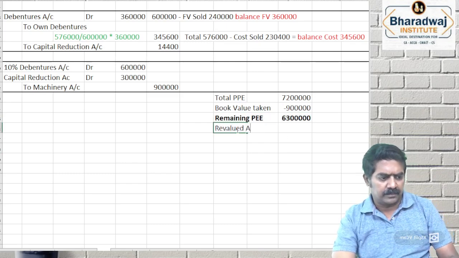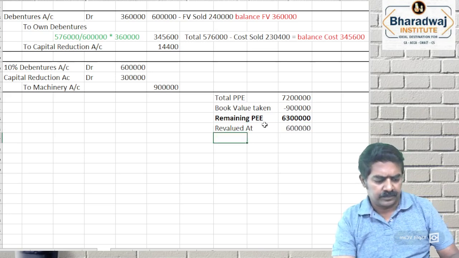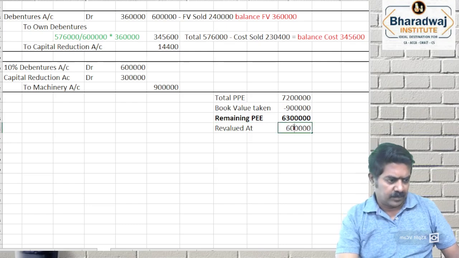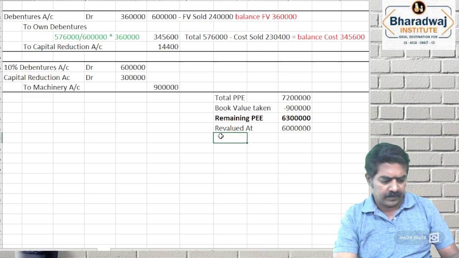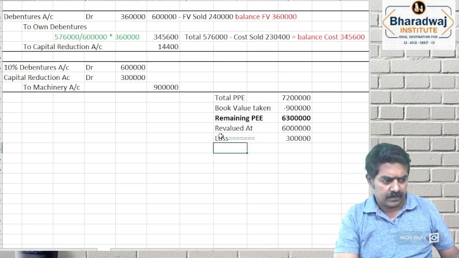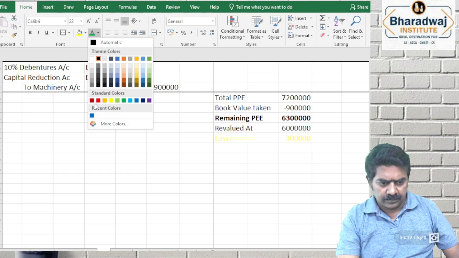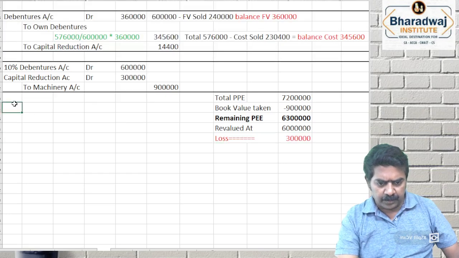Revalued at gain or loss? Pass the entry. What is the entry will pass for this? Capital reduction account data to PPE.